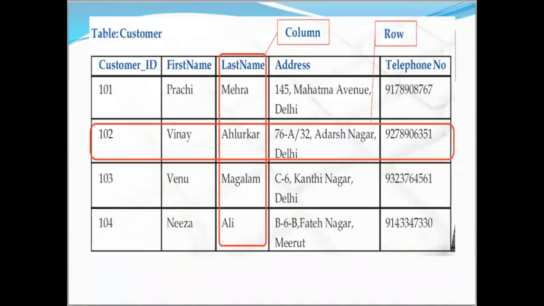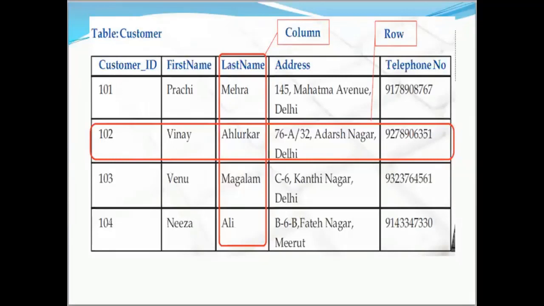Columns are customer ID, name, last name, address, telephone number. So vertical subset of data is known as columns. Likewise, you have 4 records. One is 101 record for the customer ID, 102, 103 and 104.